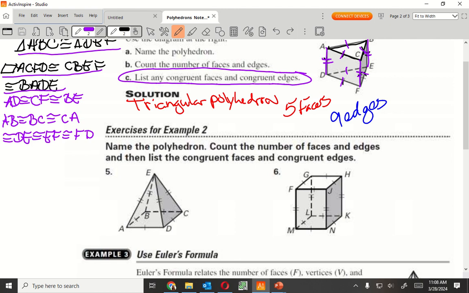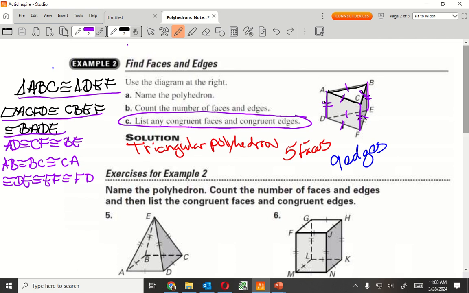Can you go up? You want me to go up more? Yeah. There we go.